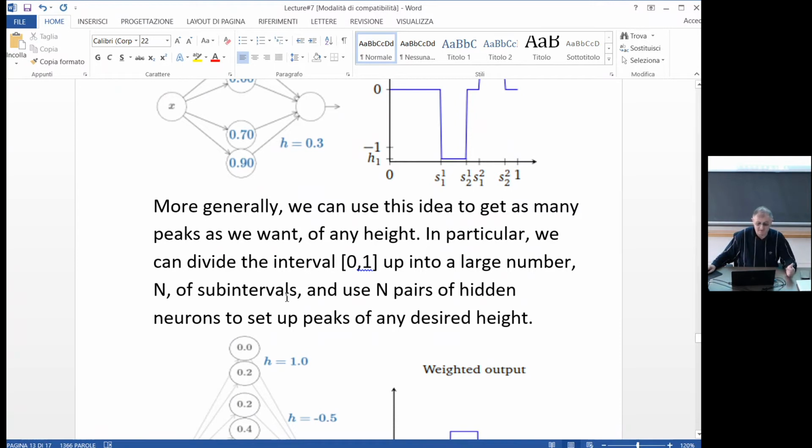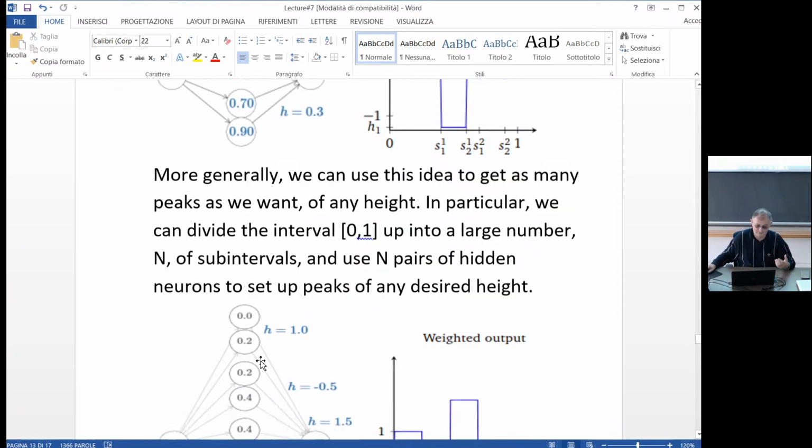In particular, we can divide the interval 0, 1 into a large number n of subintervals and use n pairs of hidden neurons. You see why pairs? Because we create rectangles, so we should have 2 points of jumps, 1 and 2.